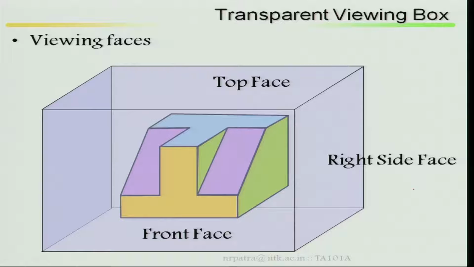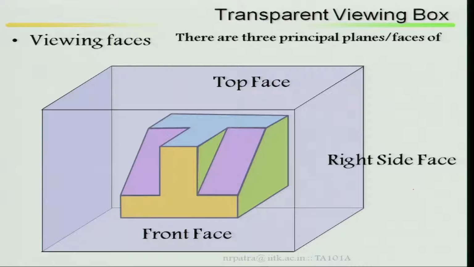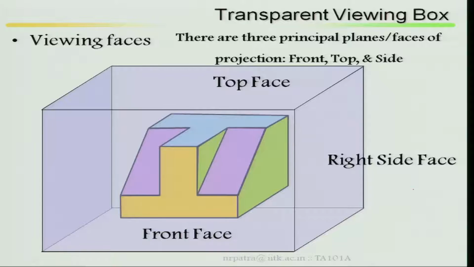Then depending upon left and right, how you are viewing, it is called left hand side or right hand side view. There are three principal planes or faces of projection: front, top and side.